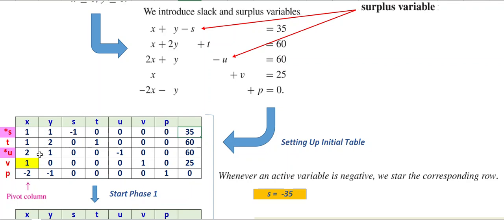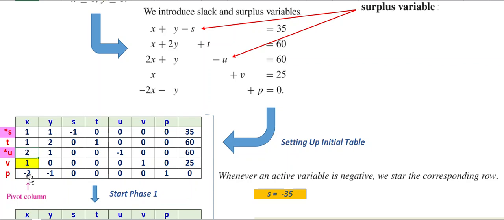I don't like doing that, so I have another option. I'm going to go down to the other highlighted row, and now I definitely have a choice. 2 is more positive than 1. So I'm going to pick the X column as my pivot column because it has the most positive number in that row. And again, I'm choosing this row because it's one of my highlighted rows.